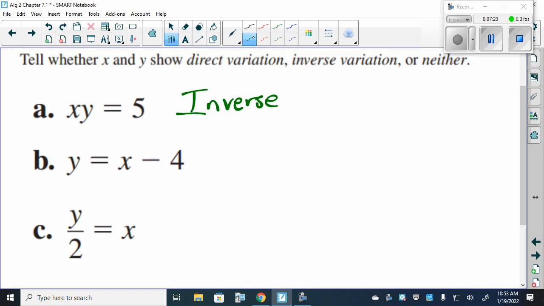Now, if we wanted to with this equation, we could divide both sides by x, which would give us y by itself, and it tells us that it's equal to 5 divided by x. So it would be this inverse variation. Any questions on this here?